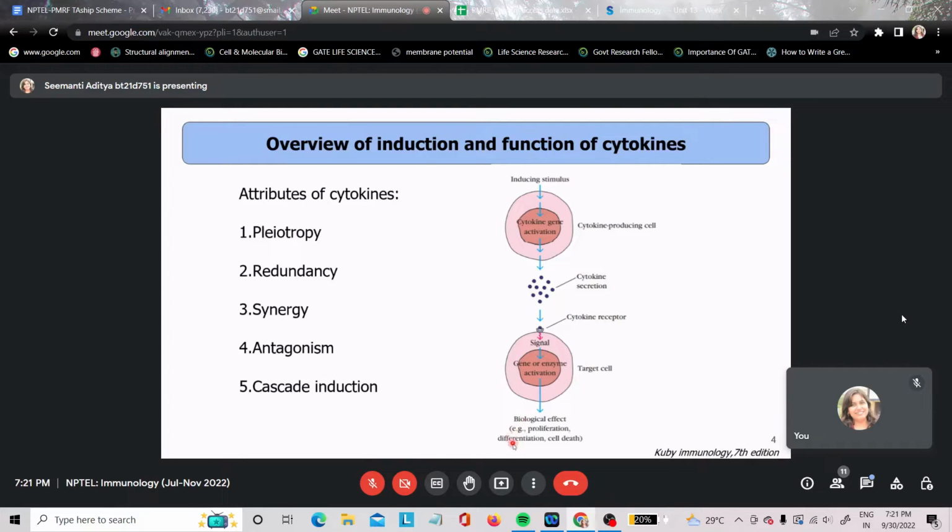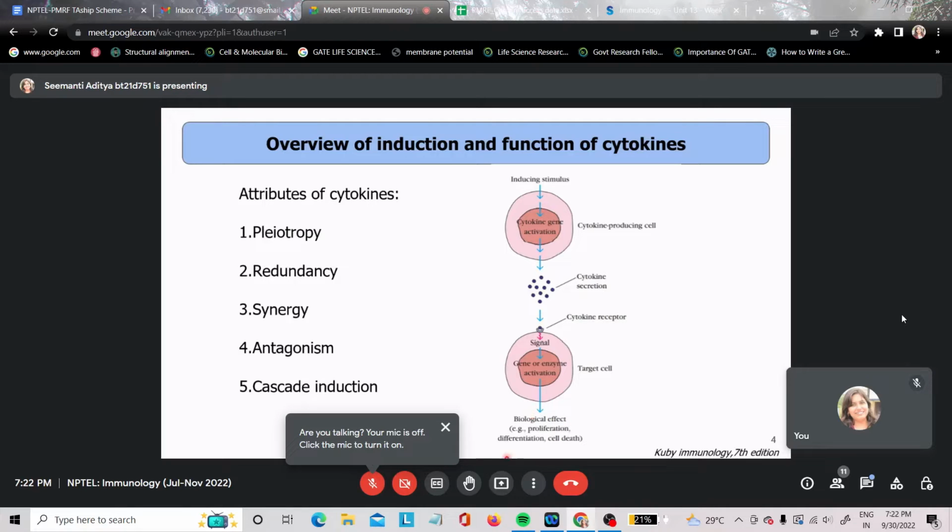Then it will allow the cell to get differentiated. Some T cells or T helper cells, due to the action of certain cytokines, get differentiated into different subtypes: TH1, TH2, T helper follicular cells and all those. So they get differentiated into different subtypes based on the cytokines that they are acted upon.